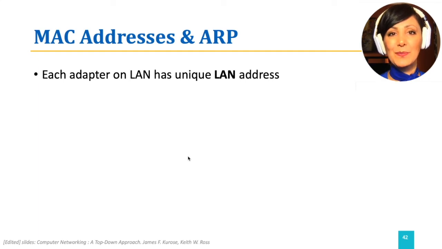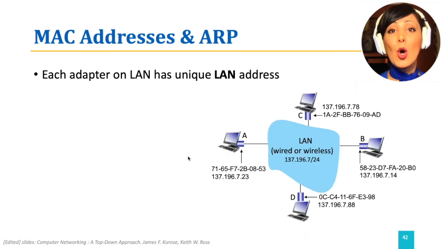For example, assuming the figure, all nodes are connected within the same LAN using a wireless link, or connected to the ports of a layer 2 wired switch that broadcasts packets to all its connected interfaces, and therefore all in the same subnet. The IP address for host A is 137.196.7.23, which is within the subnet 137.196.7.0/24.